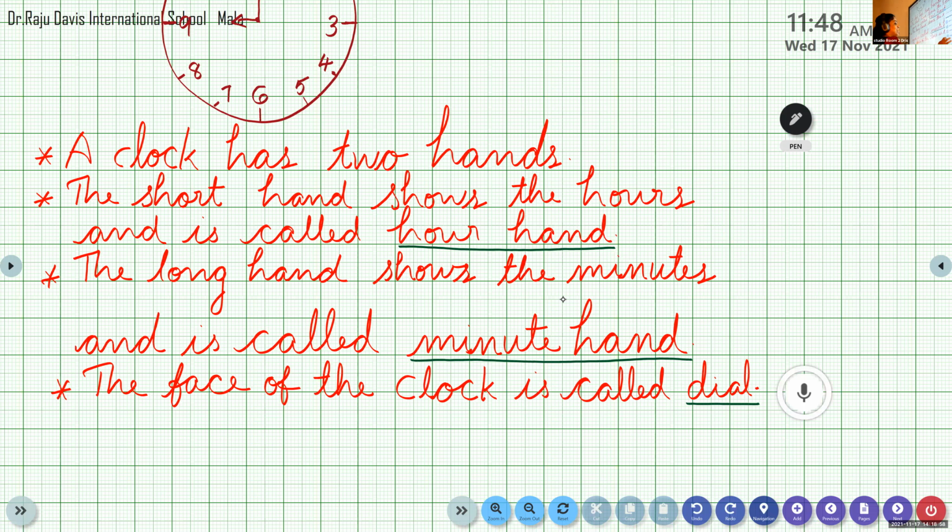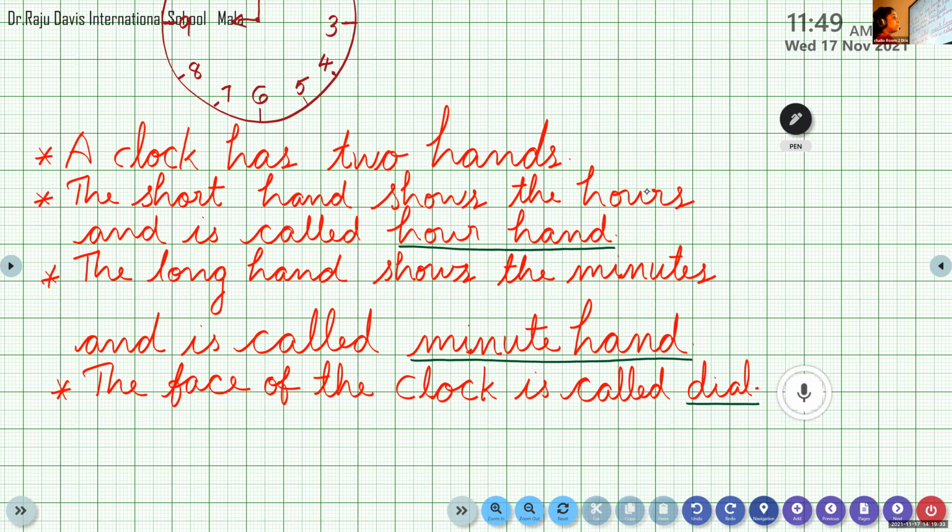Listen to what I am telling. This is your activity. For the next class, everyone should make a clock and show it to me in the next class. You can use chart paper or paper plates or anything. No need to write this in a sentence. You have to make a clock.